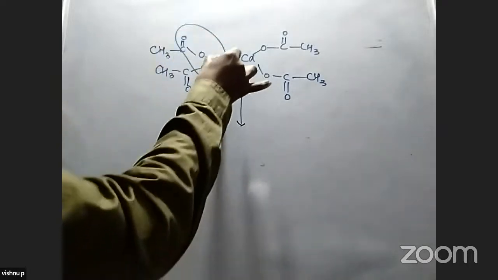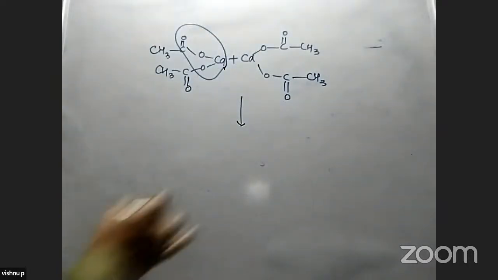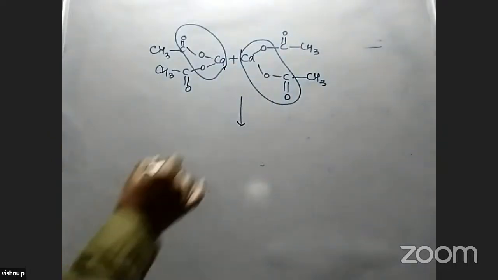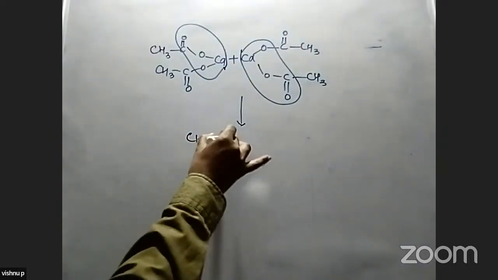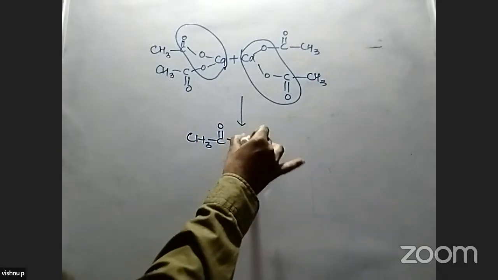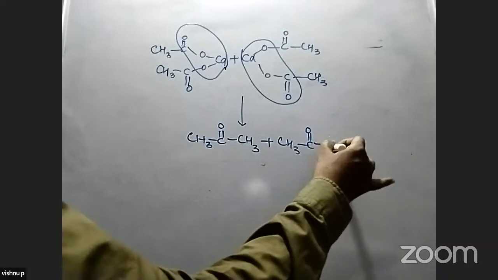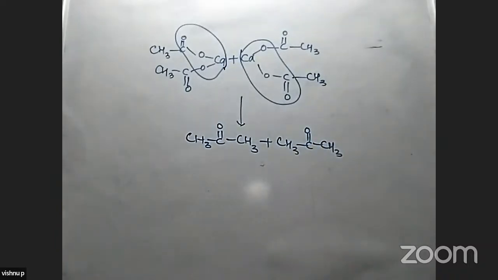So here again, from one compound, this CaCO3 is separated. Other compound, this CaCO3 is separated. We get 2 moles of acetone, CH3COCH3, formed in this reaction.